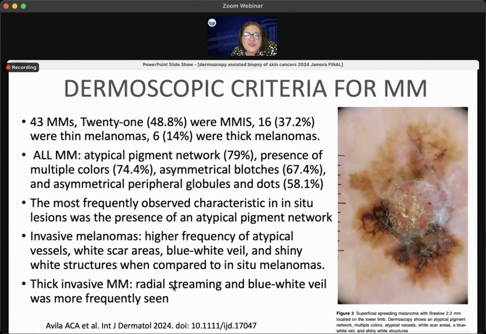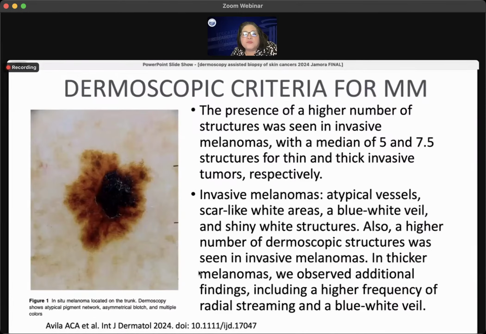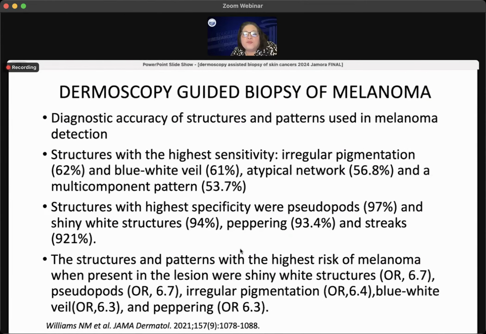For invasive melanomas, you also want to look at the edges for radial streaming and blue-white veil. Whenever you see a higher number of melanoma-specific structures, it usually implies that that is an invasive melanoma. And again, just look for the atypical vessels, the scar white areas, the blue-white veil, and the shiny white structures.